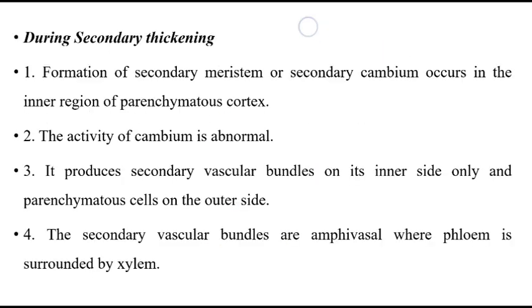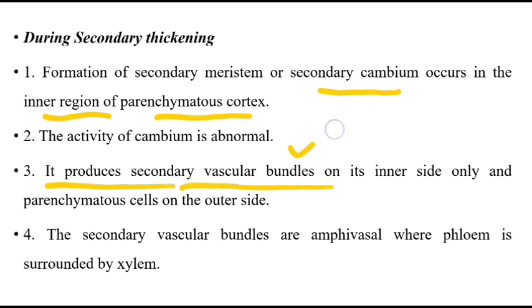Okay. During secondary thickening, the formation of secondary meristem or secondary cambium occurs in the inner region of the parenchymatous cortex. Okay. The activity of cambium is abnormal. How? It produces secondary vascular bundles on its inner side only and parenchymatous cells towards the outer side.